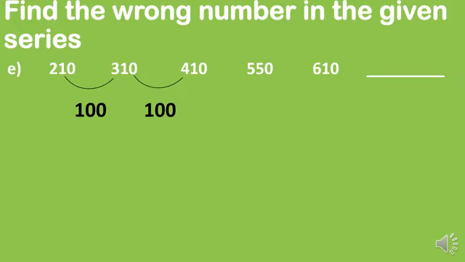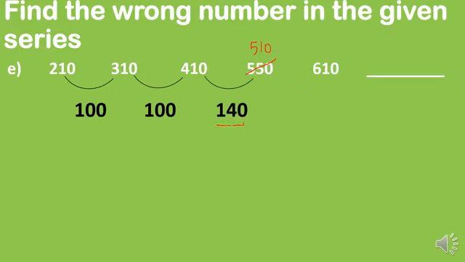410, if you take a gap of 100, it should be here the number 510 at the place of 550. But as there is the given gap of 140, that is wrong.